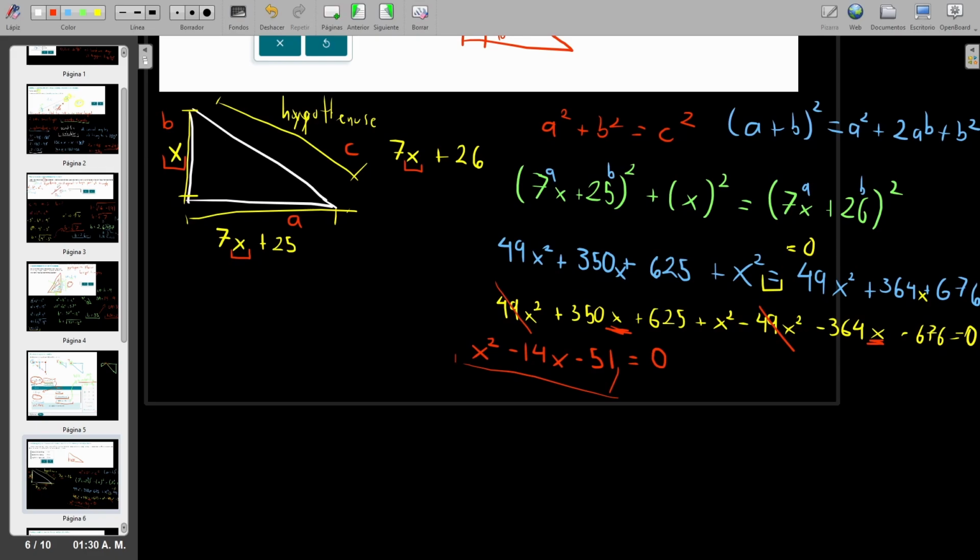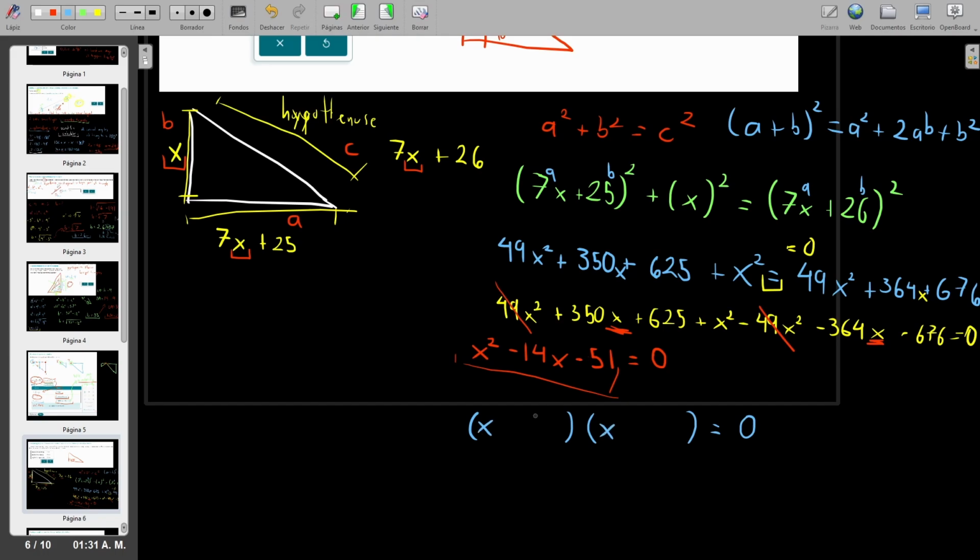We need to find some values. Okay, I'm going to be writing this here. We need to find the values that multiplying are going to be equal. So we start with the x here and x here.